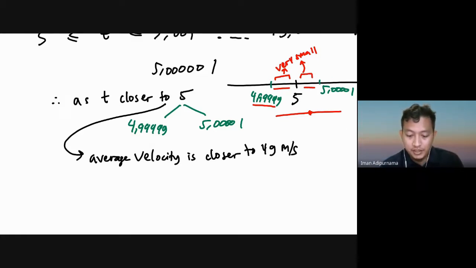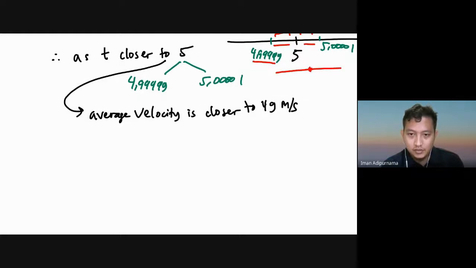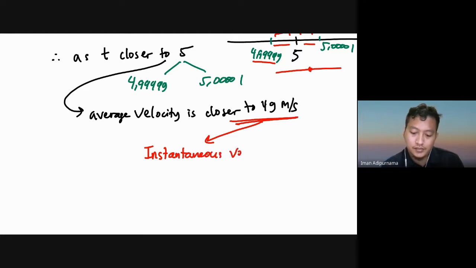And when this happens, it's called the instantaneous velocity. What does it mean? It means the velocity at exactly that point.